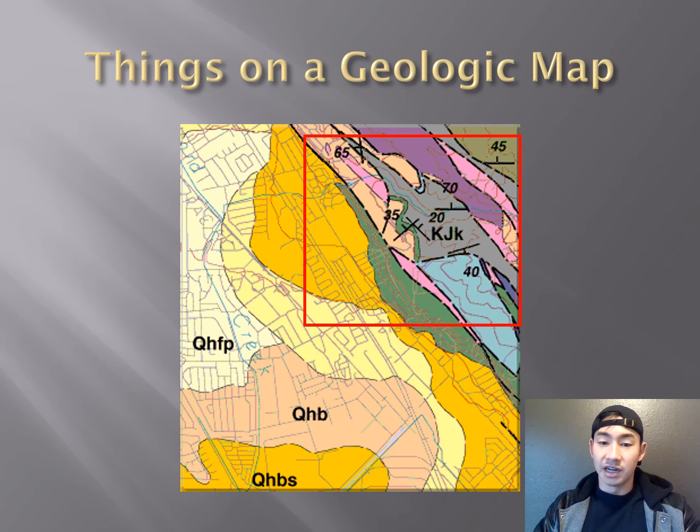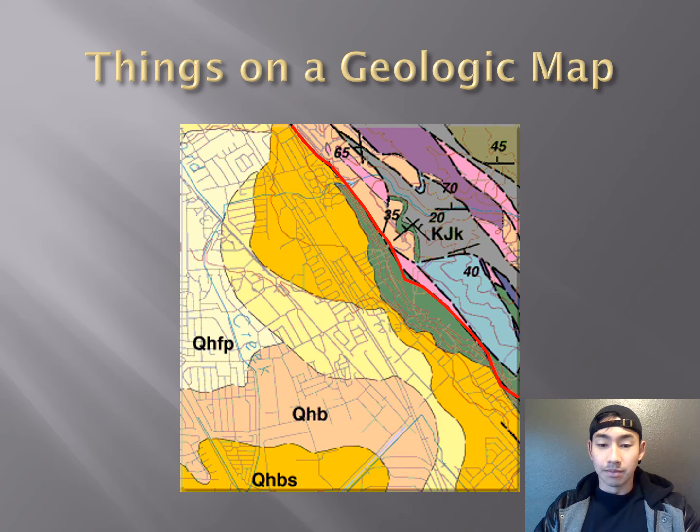So the 45, 35, 70, 40, 65, we can see a symbol that's right next to it, and that's our strike and dip symbol. The number refers to the dip angle, so the degree of dip at which that unit is dipping into the earth. And then the strike symbol is the strike of that, how in line that is with the earth, essentially.